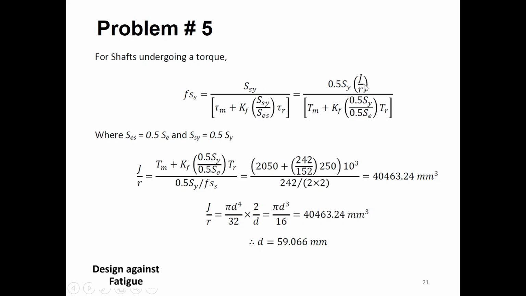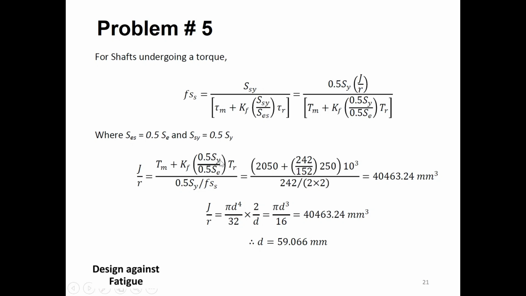Because both J and R are functions of the diameter of the shaft, we consider J over R as our unknown. So J over R is equal to this bracket multiplied by the factor of safety divided by 0.5 times the yield strength. The mean torque has been calculated as 2050. KF is 1, since we don't have any notches in this shaft.